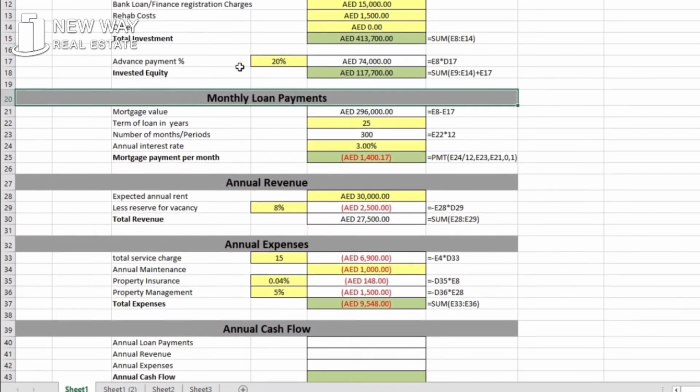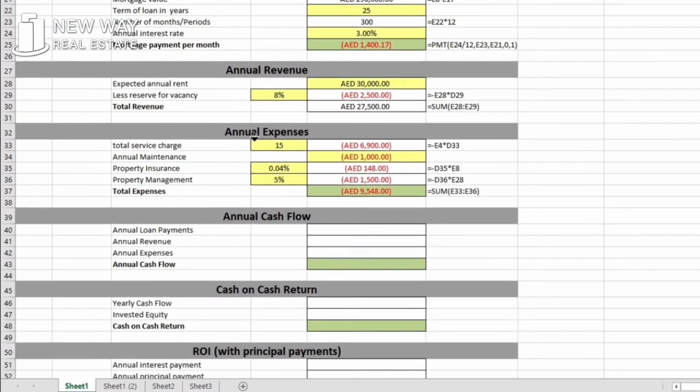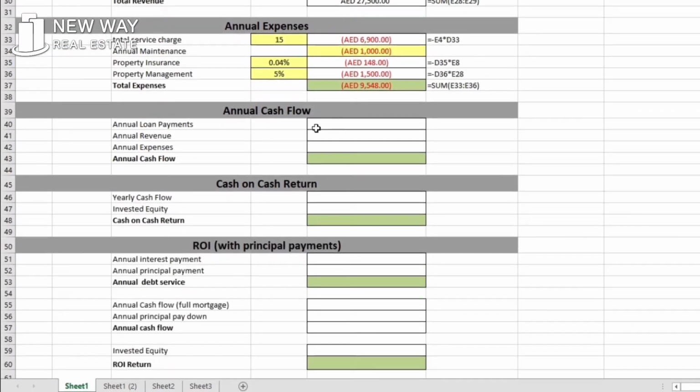Now that we have the revenue and the expenses, we can calculate the annual cash flow. To do that, we go to the annual loan payments equals the mortgage payment per month multiplied by 12 because it's annual. Then we go for the annual revenue, which we have already calculated, equals the total revenue.